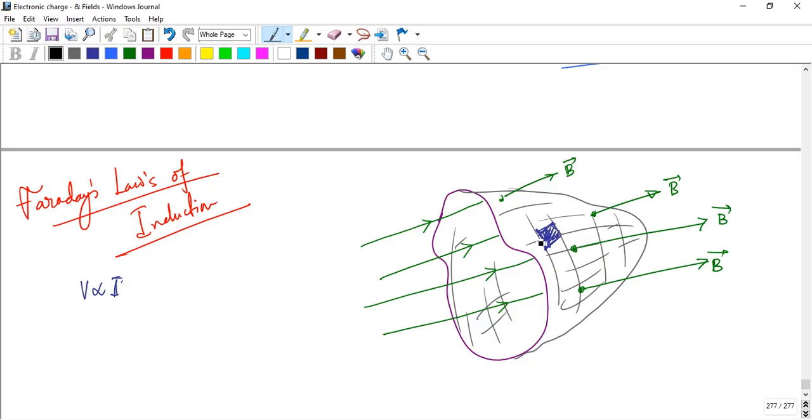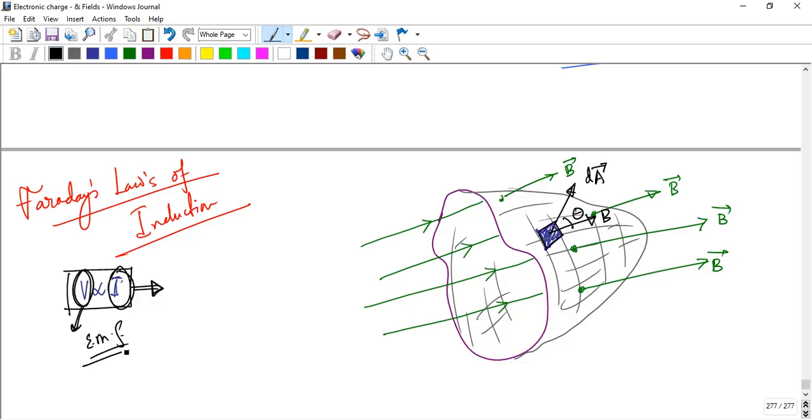That very small area is called a differential area, dA, with a direction, and B makes an angle theta with it. V proportional to I means from Ohm's law, if there is a current I here, obviously there is an EMF also.